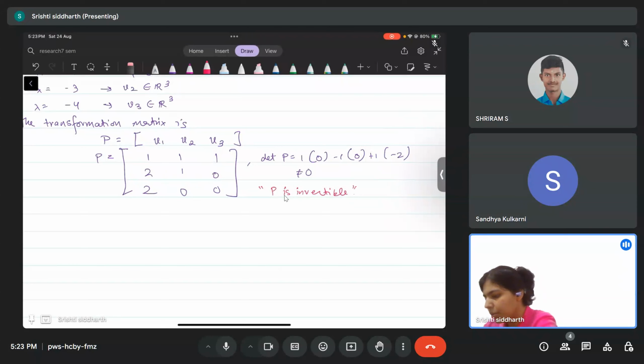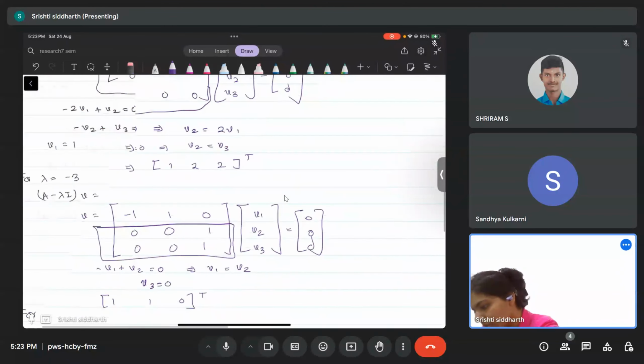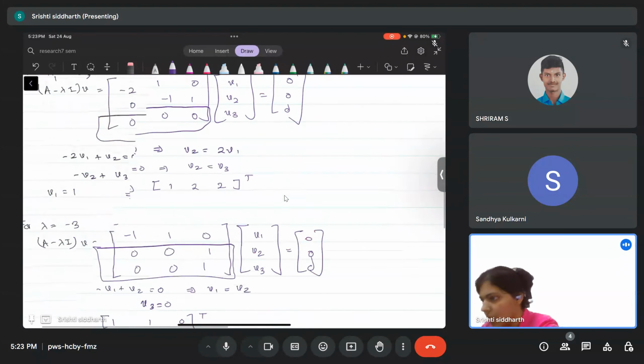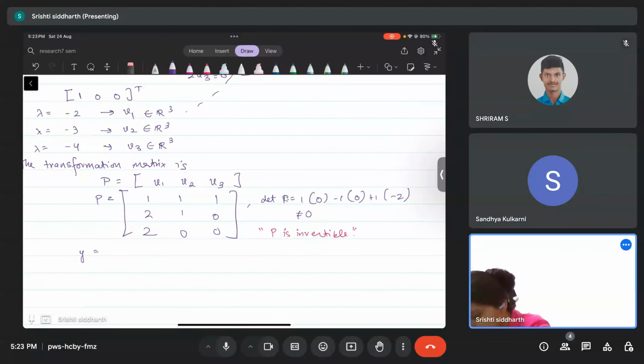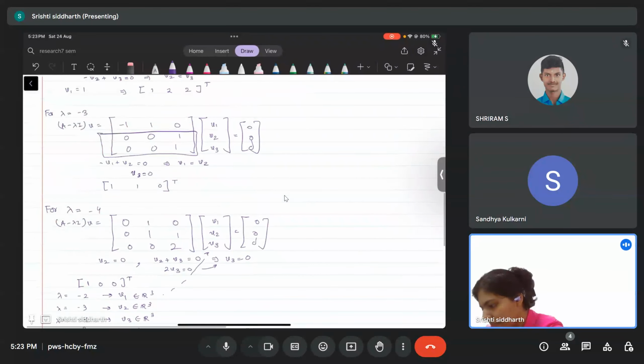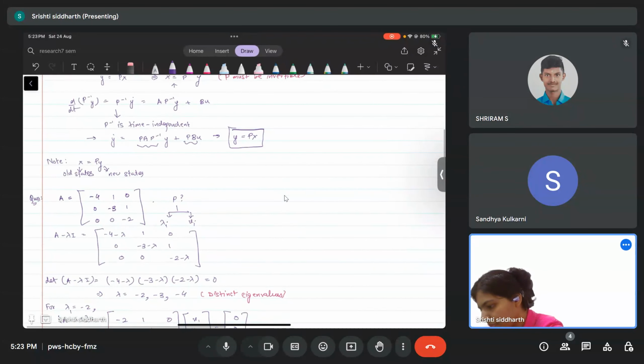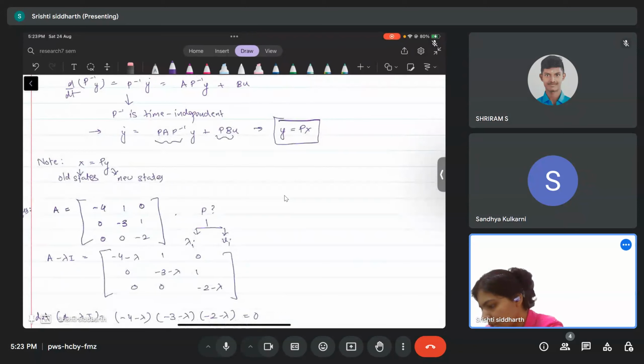And we need to find the A matrix for the new system. So what we need to find is, let's go back for a minute, PA. So I think this is what it is. Y equals Px.